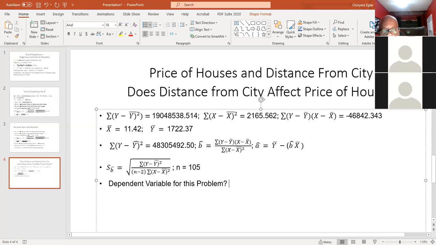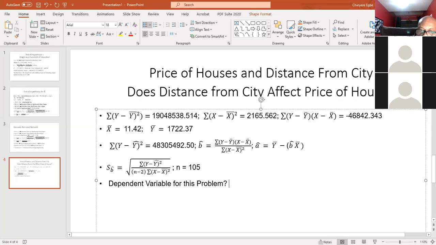What is the dependent variable? Go ahead, you said you wanted to say something.